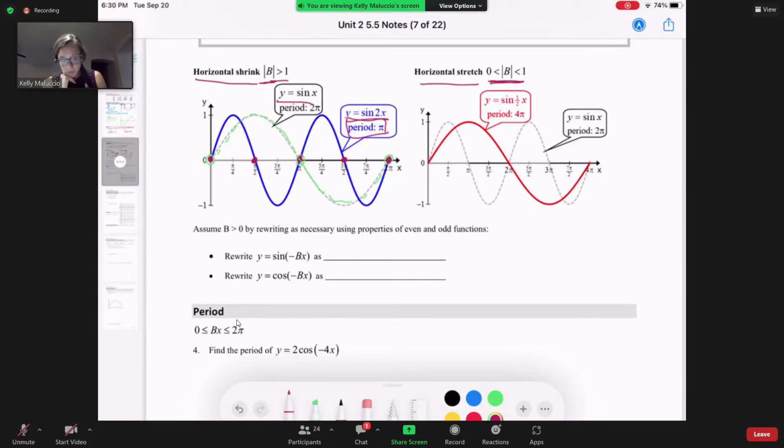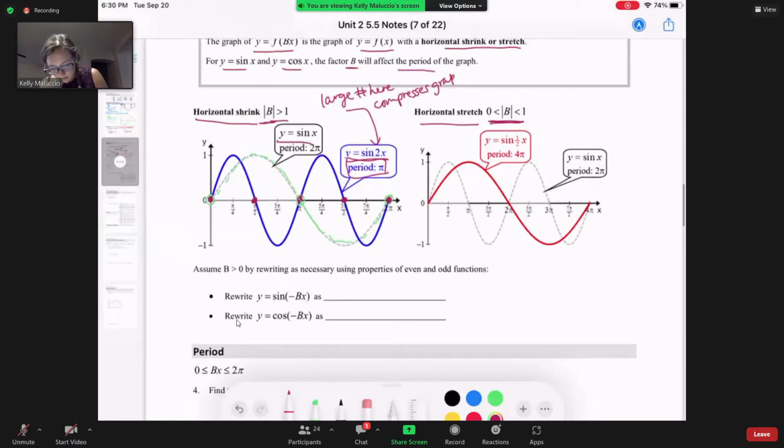So what's happening with the period? Let's say a large number here, greater than 1. It compresses the graph by 1 over the absolute value of b.